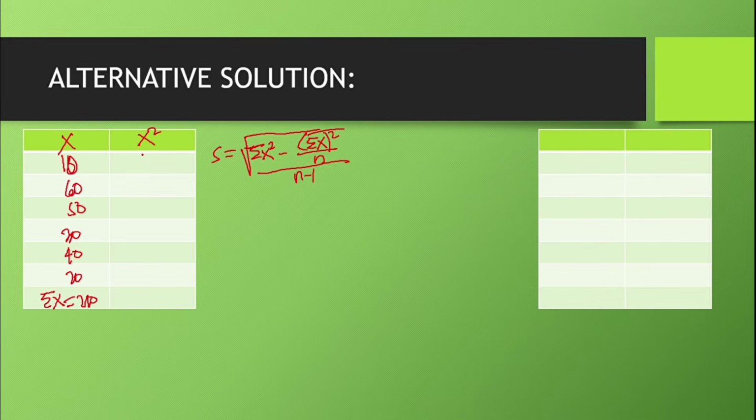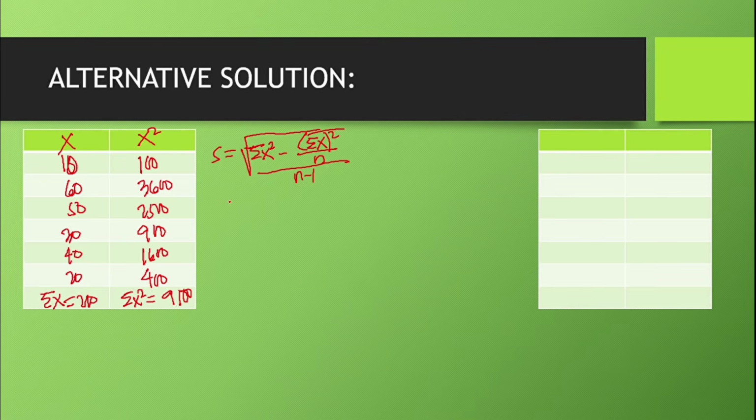Next is x squared. Taking the x squared, we have 100, 3,600, 2,500, 900, 1,600, and 400. So the summation of x squared is 9,100.